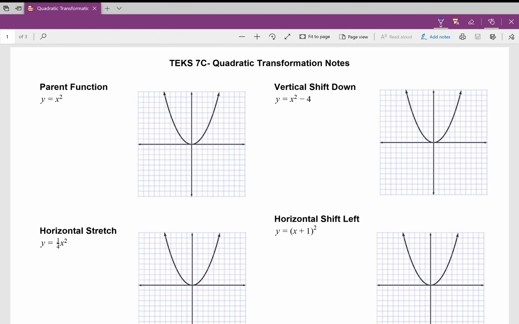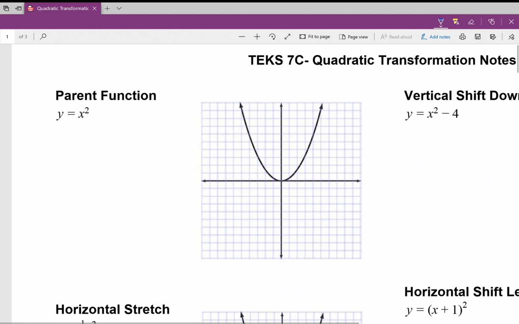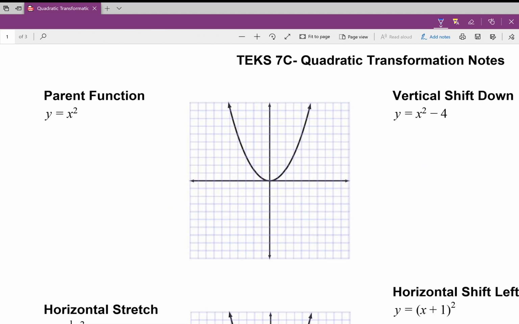Okay, so before we begin with each of these new vocabulary words showing you the transformations, I want to look at the parent function first. The parent function here says y equals x squared. What I mean by the parent function is that it has no changes to our original vertex form equation.